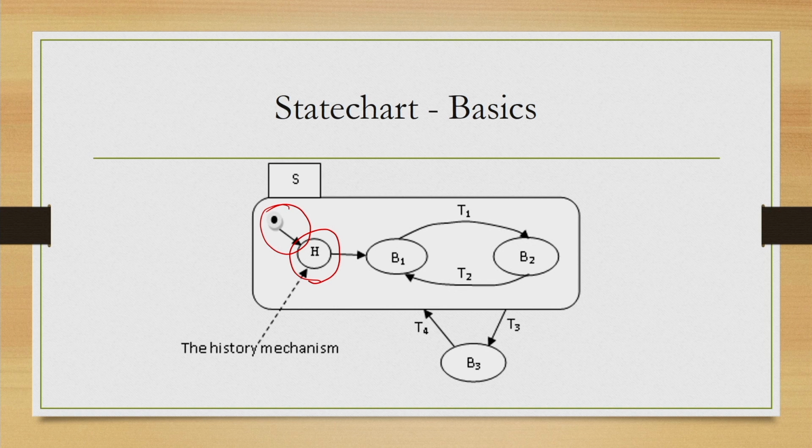That means, when the superstate S is entered for the first time, it starts with the default mechanism. So, it starts with B1. If it exits, then it remembers from where it exited and it starts from that state next time it is entered.